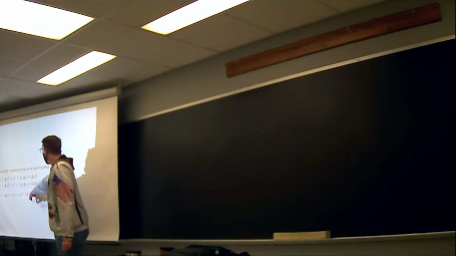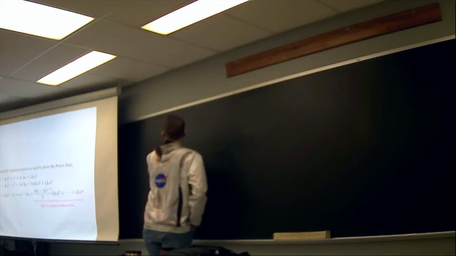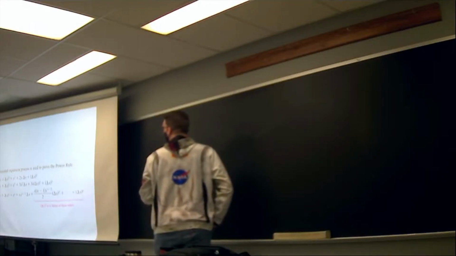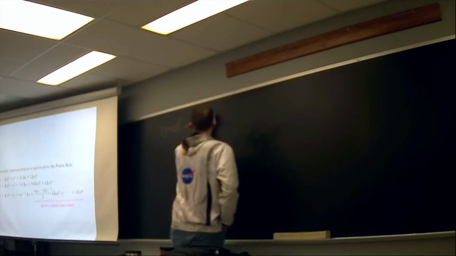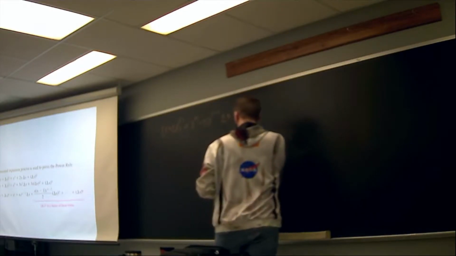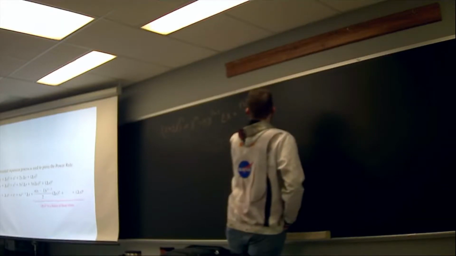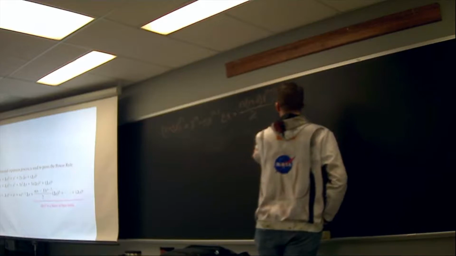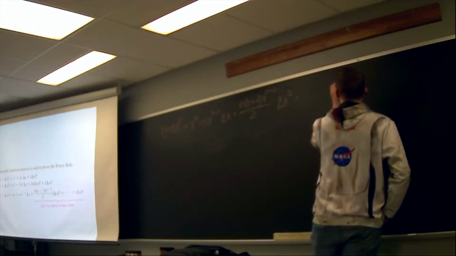But before we get there, let's go ahead and save this on the board somewhere. x plus delta x raised to the nth power is equal to x^n plus n x^(n-1) delta x plus n times (n-1) x^(n-2) over 2 delta x squared plus ... plus delta x^n.